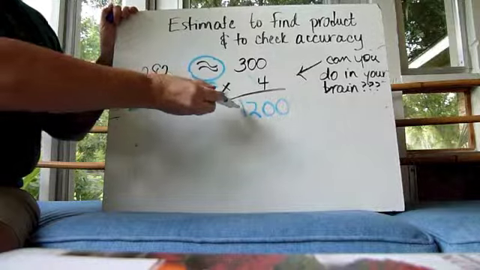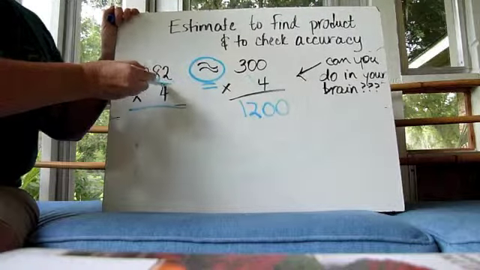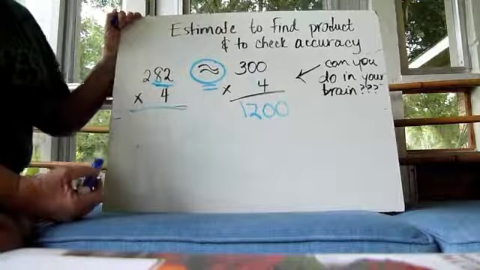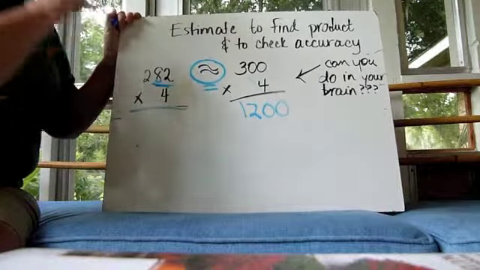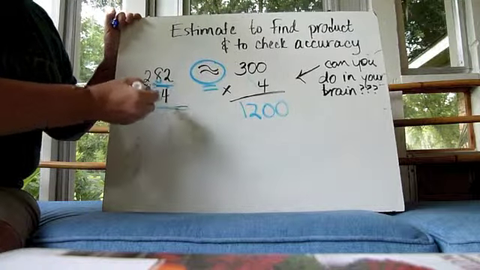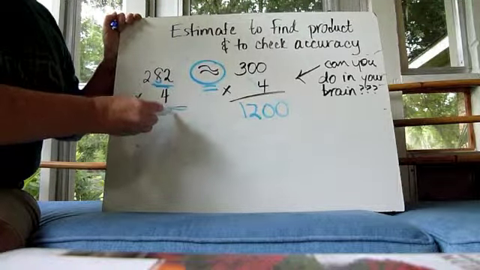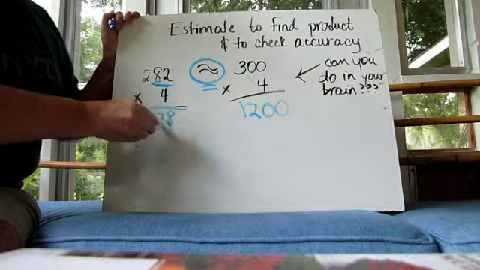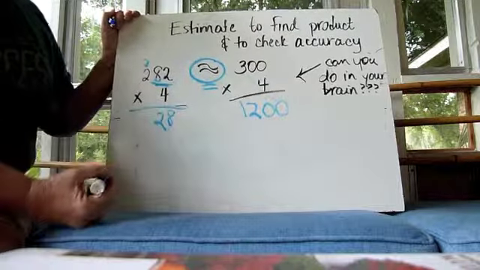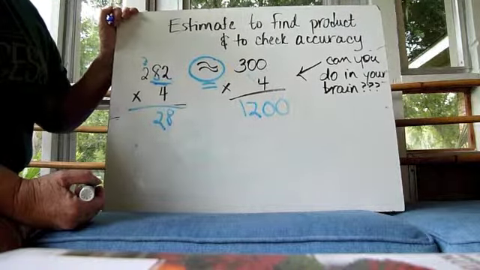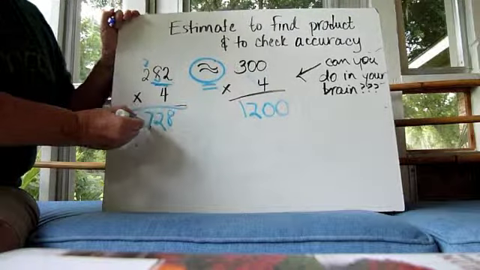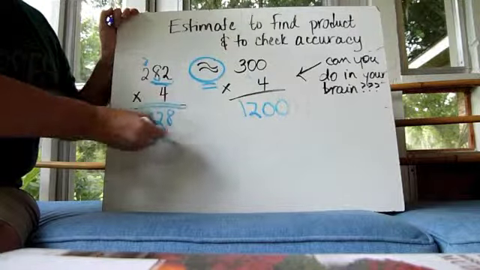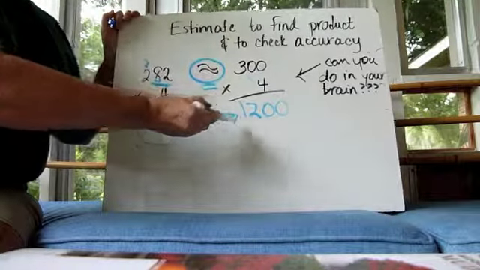I know it's going to be less than 1,200 because I had to round up to a bigger number. So my answer is not going to be that big. So I'll come over here and I'll multiply, and I'll say 4 times 2 is 8, and then 4 times 8 is 32, and 4 times 2 is 8, and 3 more is 7, and so I'm doing that multiplying, and I'm going to say, is that close to that?